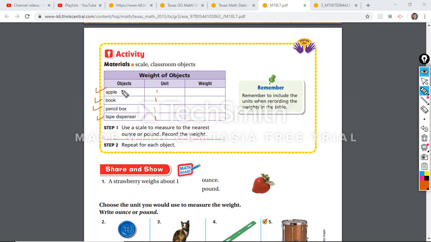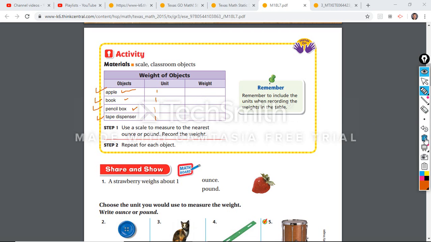I know apple will be in ounces, a book might be in a pound depending on the book, a pencil box probably ounces depending on the pencil box, a tape dispenser, again, depending on the size, so you want to play around with that scale and give me some weights here. I may call on you during our live sessions to discuss this quickly. So if you don't have these items, use whatever you have at home and substitute them here, and then write down how many units and then the weight.